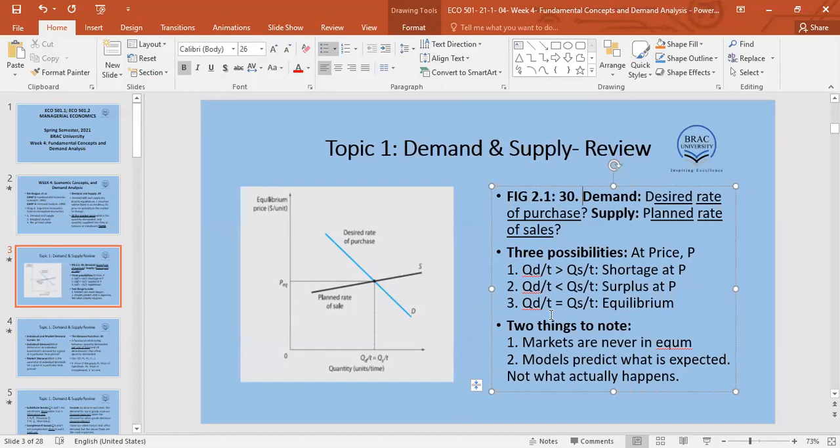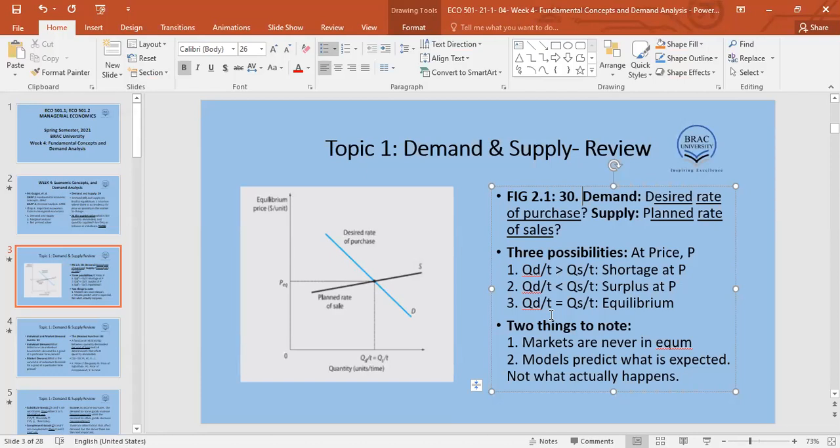Okay, so if you look at the demand curve, you'll see it's the desired rate of purchase. And the supply curve is the planned rate of sales. What does this imply? This implies that the models that we are using are not actually what is happening, but what we expect to happen. Why are we thinking like this? In week 2 or week 3, we emphasized on consumers and sellers being rational. And how did we emphasize rationality?